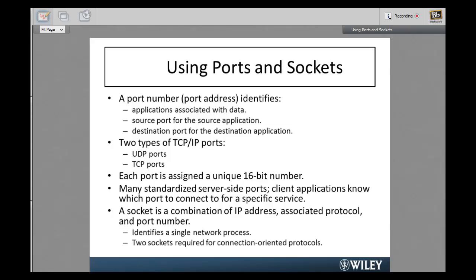There are also sockets and ports. Sockets associate the port address with the IP, and you can use them to create server-client applications that communicate with each other.